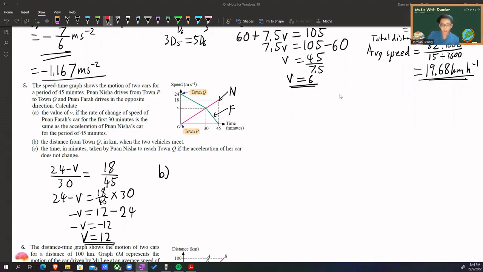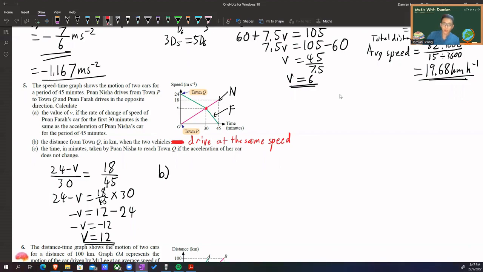So I've actually checked the answer as well, and the question that they should be asking is, when the two vehicles, instead of meet, drive at the same speed, which is this point right here.